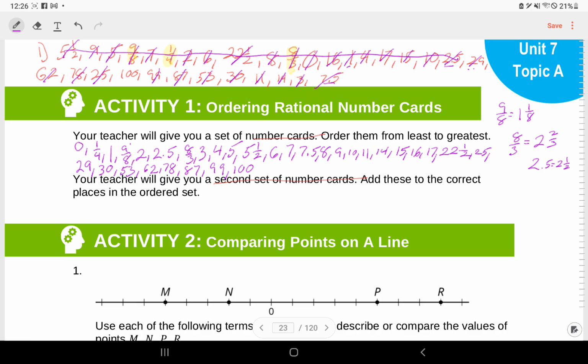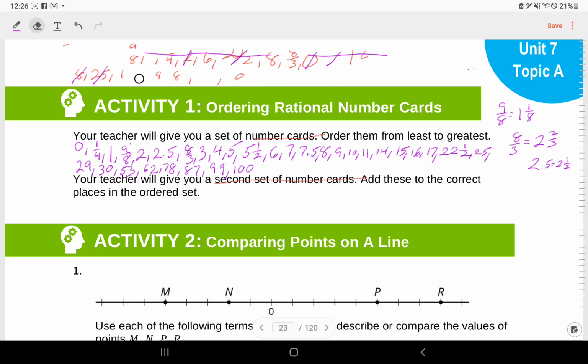Okay. Now, for the second group of numbers, so I'm going to erase this section so that I can write down my next group. Now, thankfully, the next group isn't quite as long.